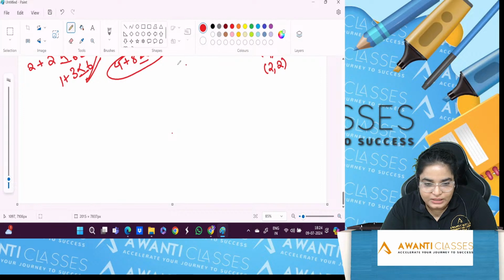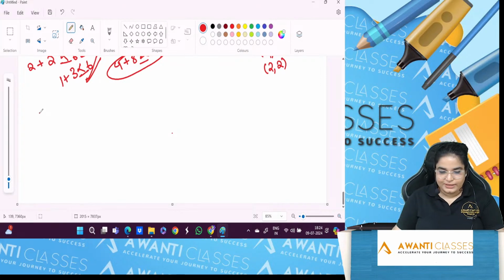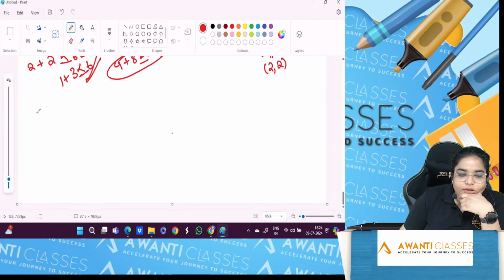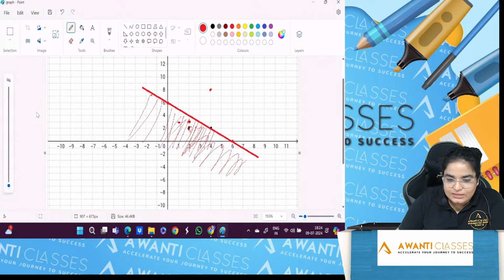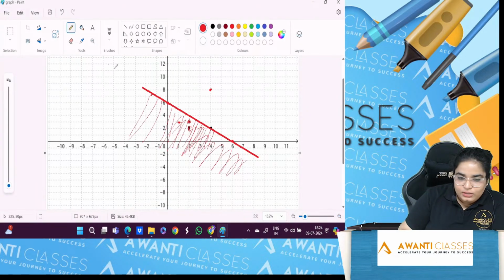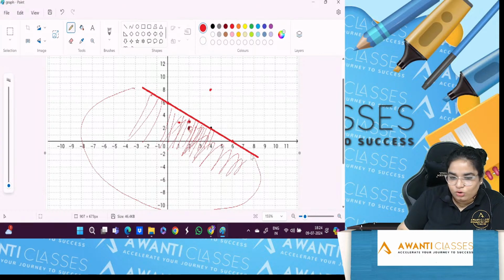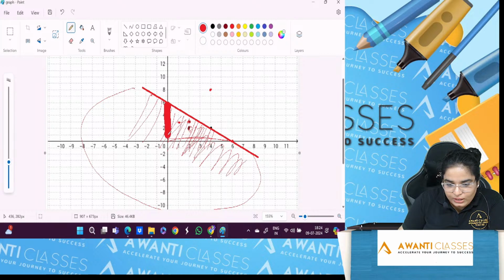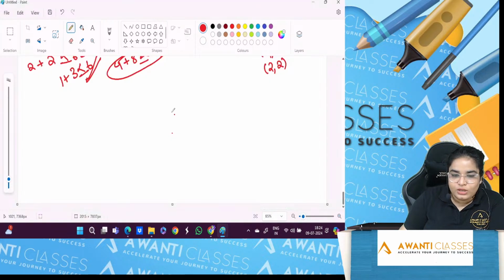Now, normally, please try and understand. In all of these, if you look at this graph, you will see this will go up to infinity. Yes or no? But instead of infinity, if I want only this area, can I say that x and y should be more than 0?